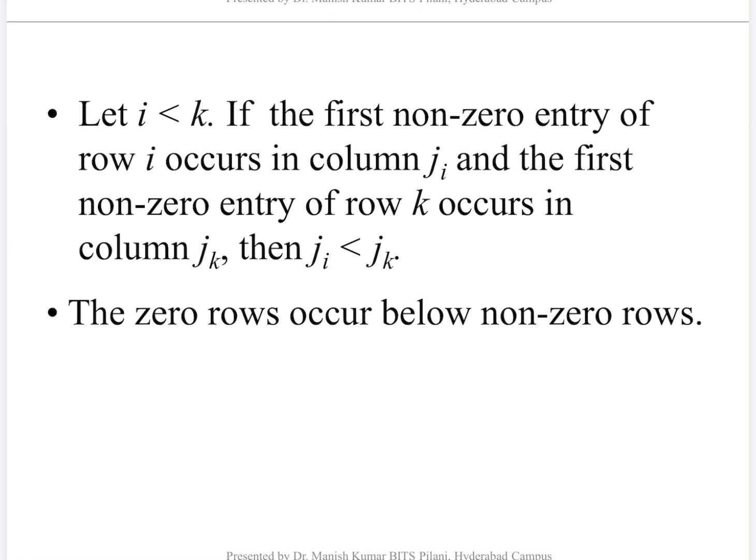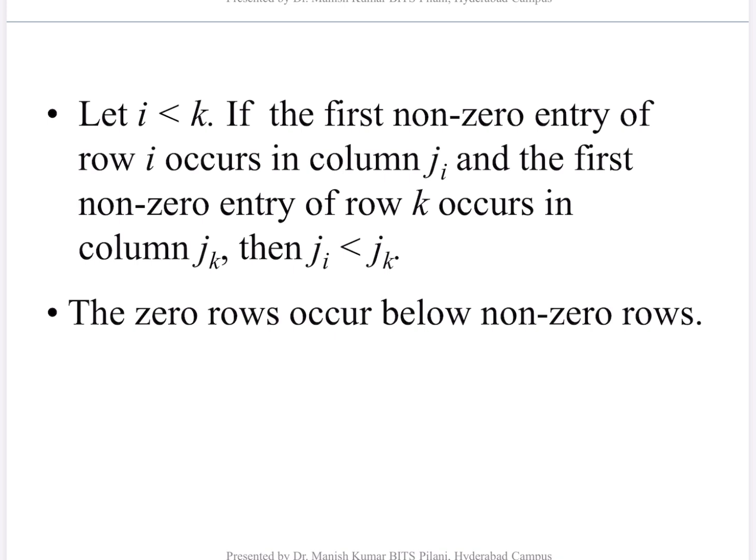And similarly, for any i less than k, if the first non-zero entry of row i occurs in the column ji and the first non-zero entry of row k occurs in the column jk, then we always have ji is less than jk, right? This is the way how the echelon form is being performed.